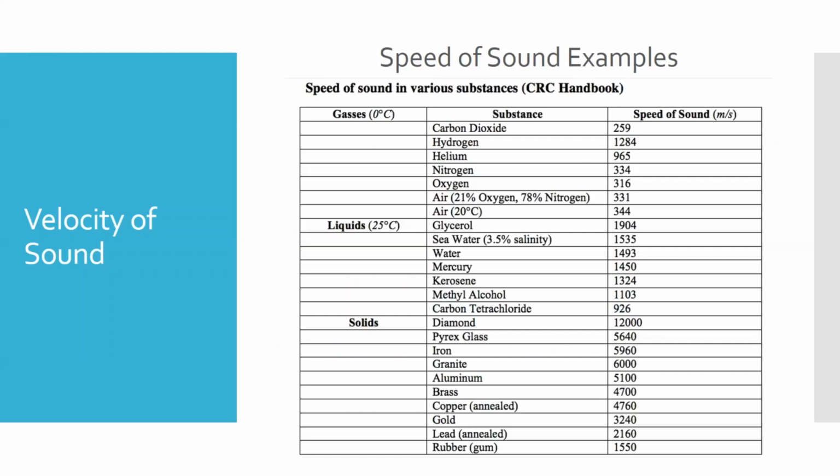So then your solids, things like diamond. You can see diamond is a very, very good conductor of sound. But it would be really expensive to make something out of diamond to conduct sound. Maybe for some kind of lab purpose, where you need sound to travel extremely fast, you could use diamond. Iron, steel, brass, copper.